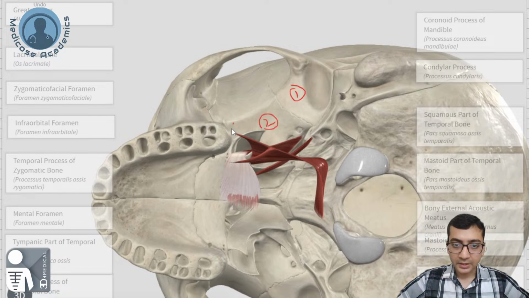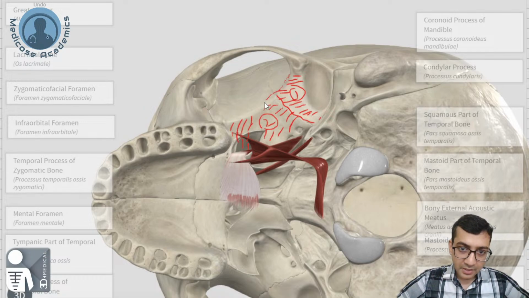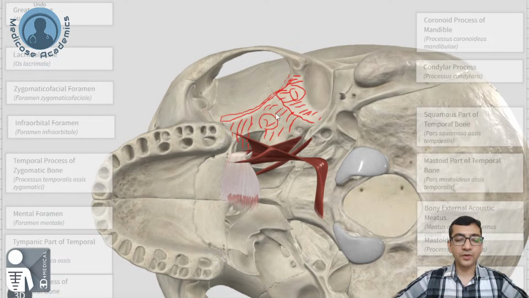These are medially. This is the greater wing of sphenoid. This is the part of the temporal bone and the suture between them. Then at this margin here, this is the infratemporal crest, point number 3.